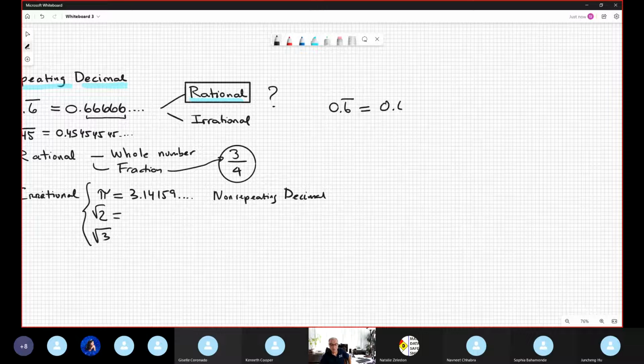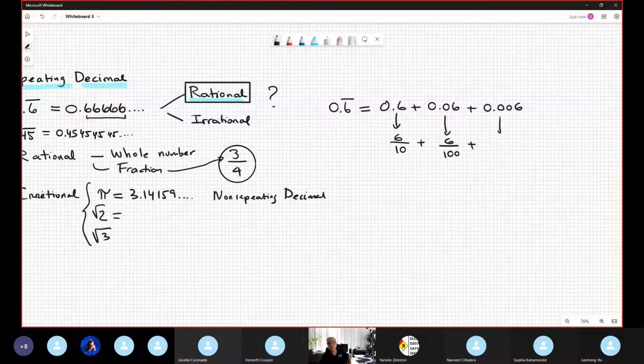This is 0.6 plus 0.06 plus 0.006. As fractions, to see much better, it is 6/10 plus 6/100 plus 6/1000. Make sense? Plus, and this continues.